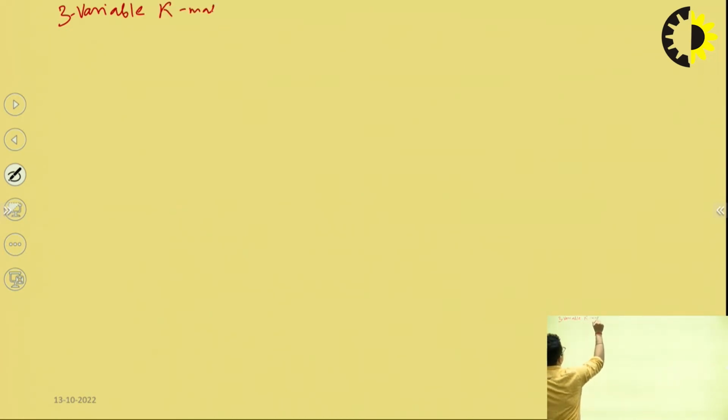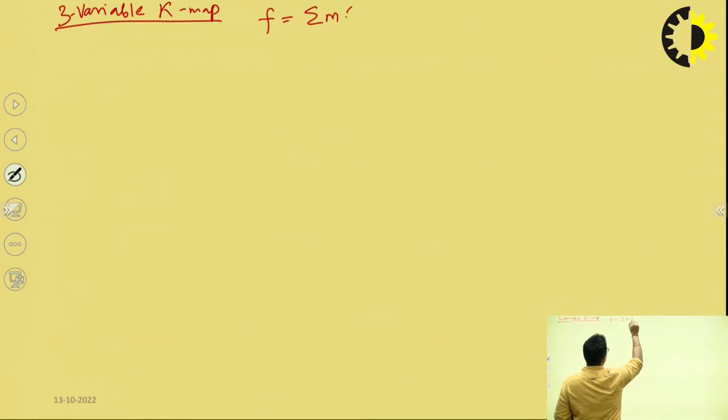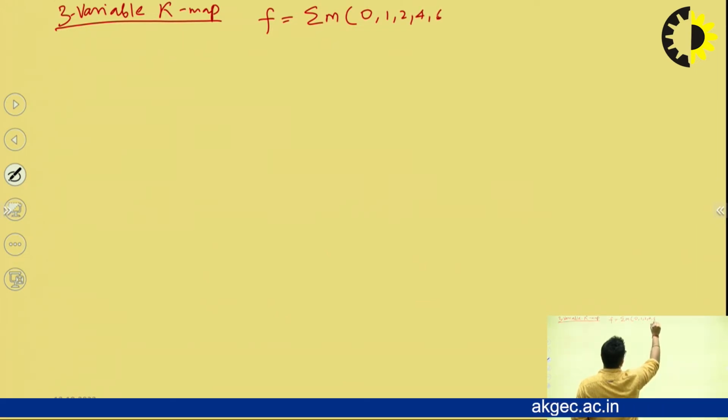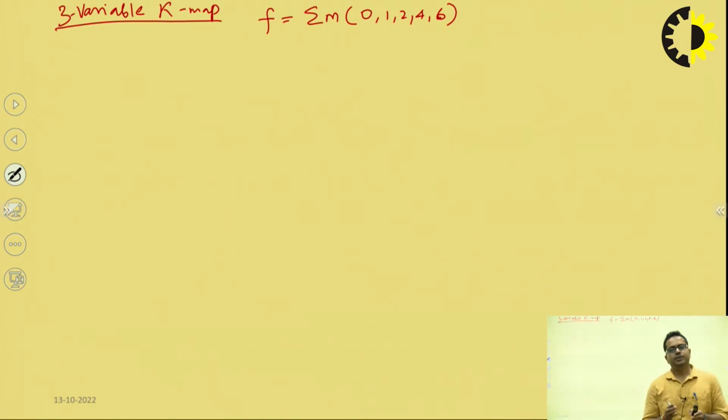Suppose we have a function given as f equals summation of minterms 0, 1, 2, 4, 6. These are the minterm combinations that we got, and the question is to find the simplified Boolean expression of the minterms provided to us.